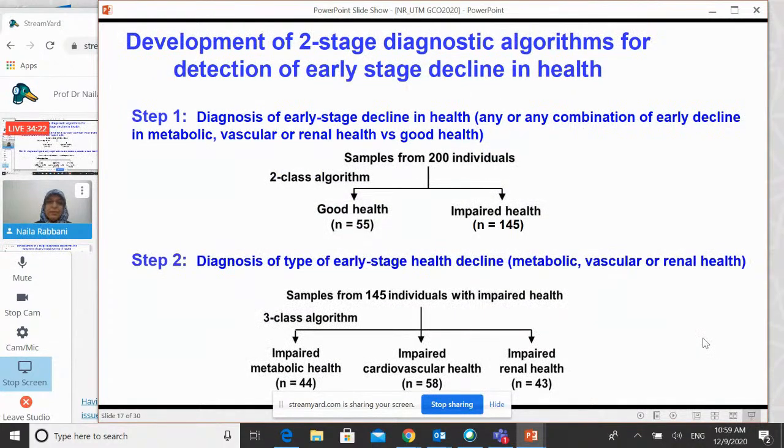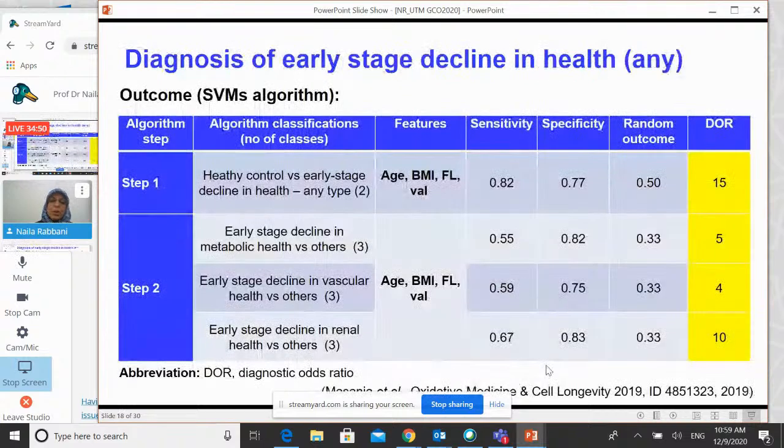So as I mentioned, it was a two-stage diagnostic algorithm. The first stage was looking at good health versus the impaired. In the second step, we wanted to separate these three metabolic impairments, to really pinpoint whether the person suffers from metabolic health, cardiovascular health, or renal health. So that would allow us to treat them with precision medicine.